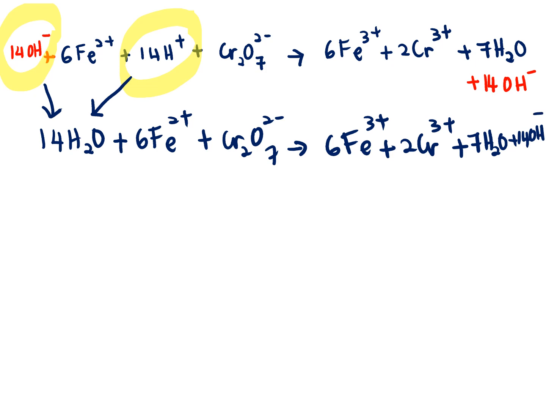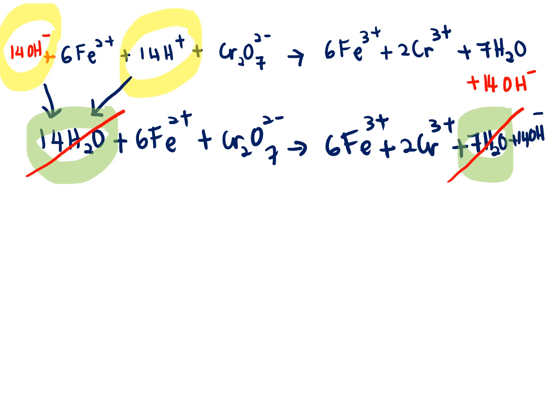Check how to simplify the equation. Kalau you check sini, 14H2O on the left side is the same species with the 7H2O on the right side. So you can simplify the equation, 14H2O cancel dengan 7H2O.